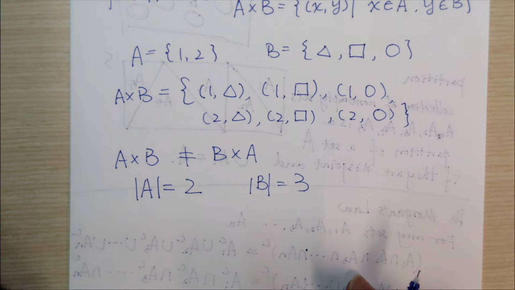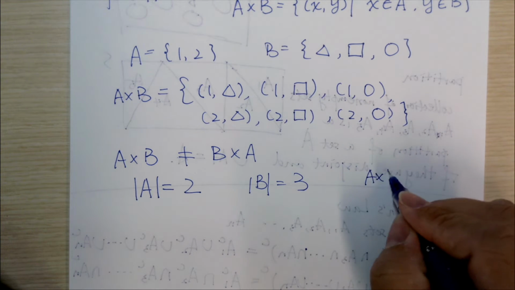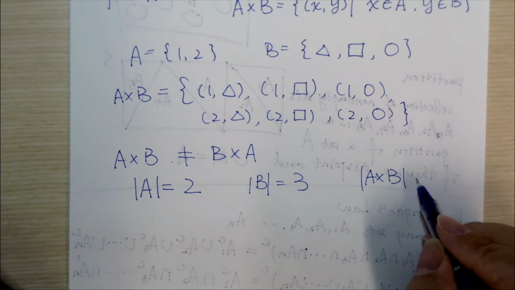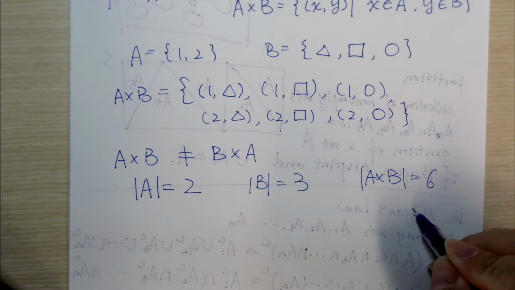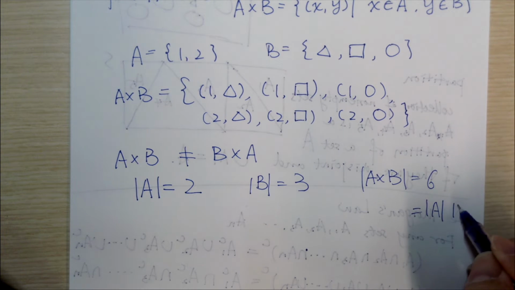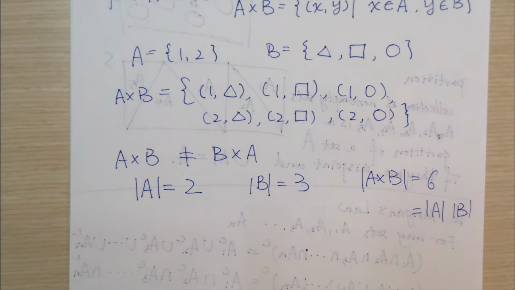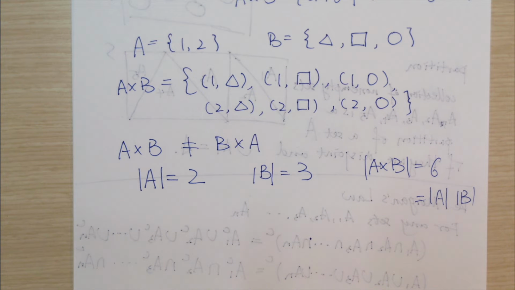So you can see the Cartesian product set has 6 elements. Do you realize that it's the number of elements of A times the number of elements of B? That's something we can talk about.